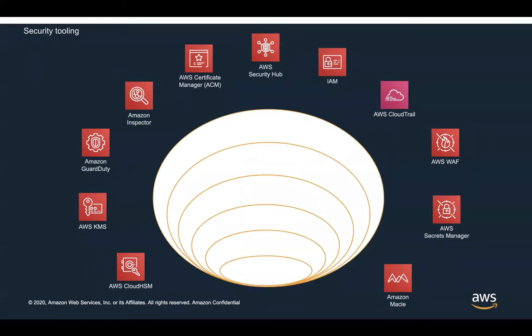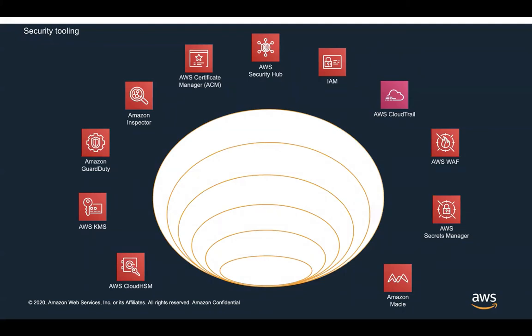Starting from CloudHSM, you can use KMS for key encryption. You can use GuardDuty, which is a threat detection service, continuously monitors for malicious activities for your AWS accounts, workloads, data stored in S3. You can see ACM. If you need TLS protection, you need a certificate manager that's also built in, and we have public certificates that can be used for free with AWS as long as they are within the AWS environment.